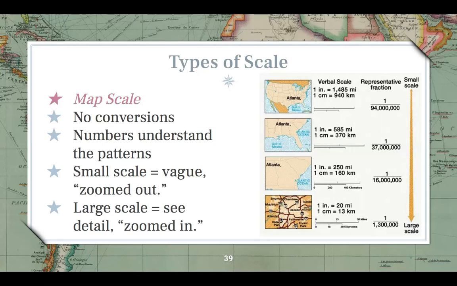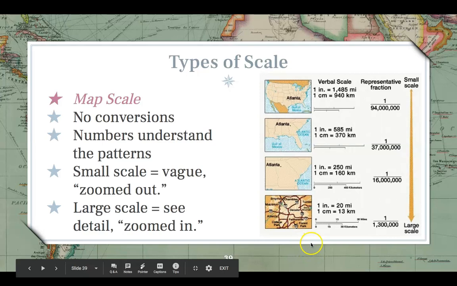As we move closer into Atlanta, all of a sudden I start getting more detail, okay? And it's more zoomed in. So I like to sort of think of it as I'm getting a larger amount of information. That's why it's large scale in this picture. All right.